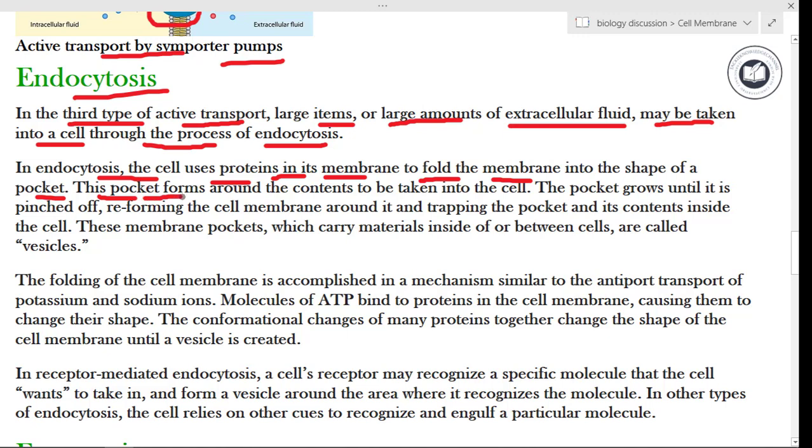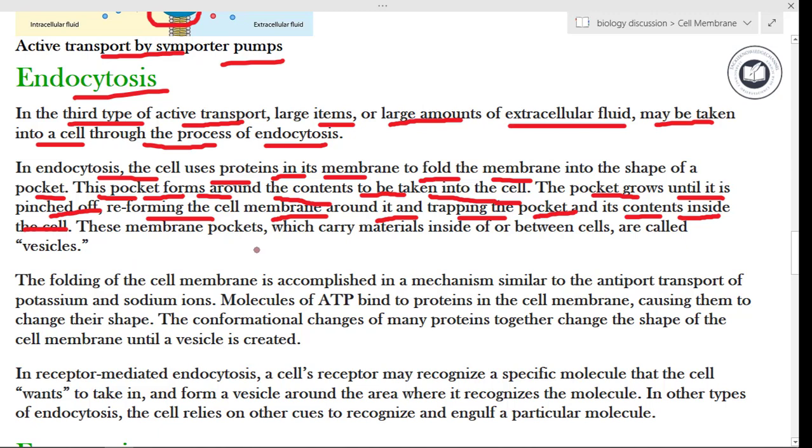This pocket forms around the content to be taken into the cell. The pocket grows until it is pinched off, reforming the cell membrane around it and trapping the pocket and its contents inside the cell.